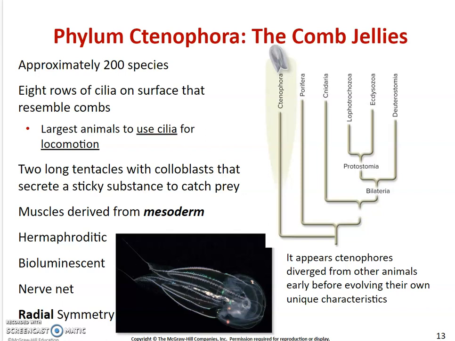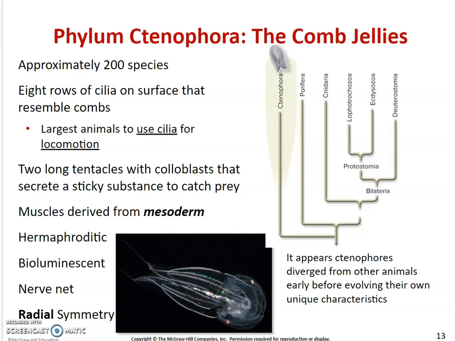So as their tentacles are flowing in the water, they can catch prey that are swimming by. They have 8 rows of cilia on the surface, and those rows of cilia look like combs, kind of like the ones that you comb your hair with, but more like the ones that you use in DNA electrophoresis, right? The combs that form the gels. And they are just shooting little cilia, and that's their form of locomotion.